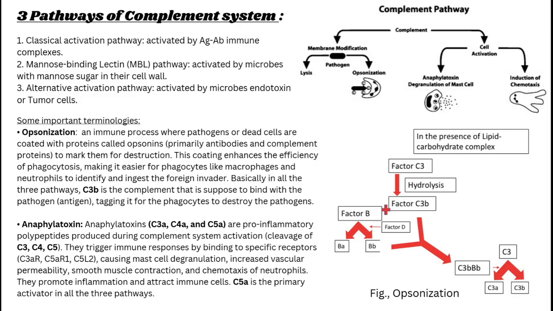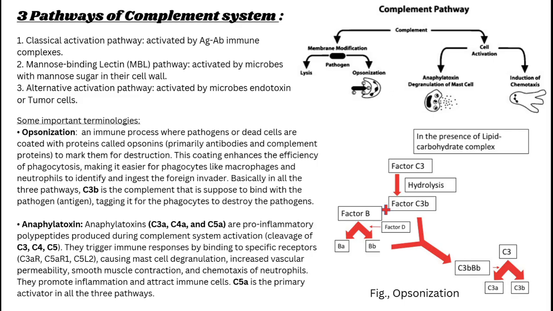So the next one is anaphylatoxin. Here we can say the C3a, C4a and C5a. But out of these three, C5a is the most important one. It acts as a pro-inflammatory polypeptide, which will be doing the activation of this complement system. These are the things written there.